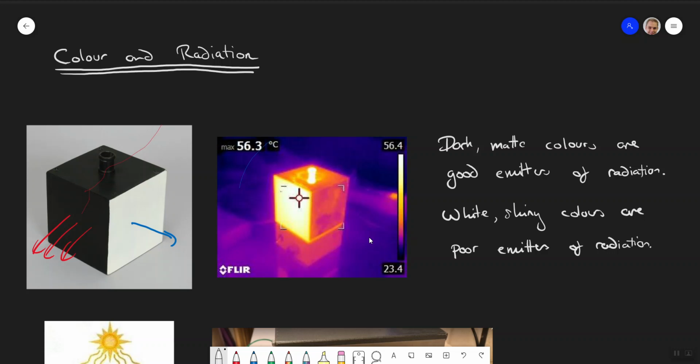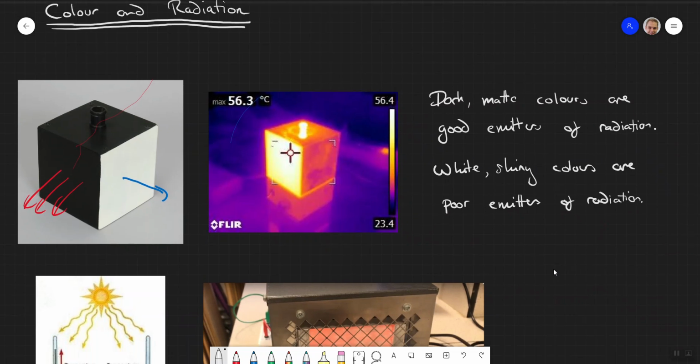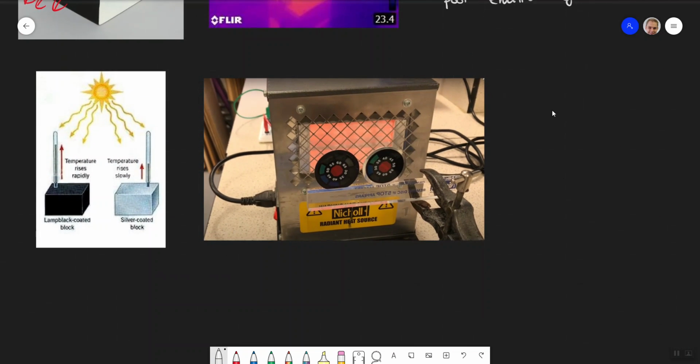So color can affect how much we get out. Similarly, we have stuff with absorption, and we saw that with this experiment here. We had the little color-based thermometers on the back of these discs that would tell us how hot the disc is near something giving off thermal radiation.